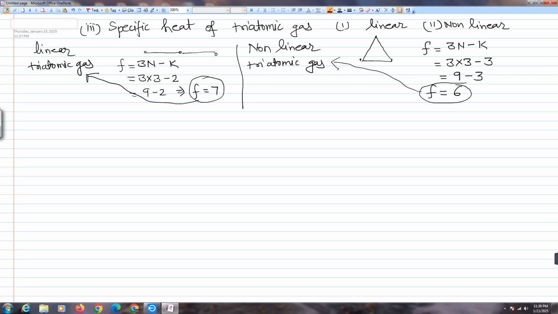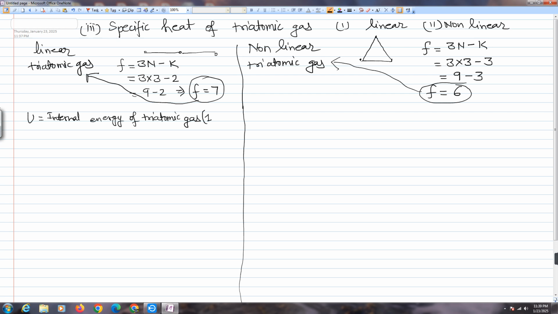Now we have to find the value of U. We are just dividing the screen into parts. What is U? This is the internal energy of triatomic gas, and the amount of substance is 1 mole. The internal energy of 1 mole of triatomic gas, that thing we are going to find.